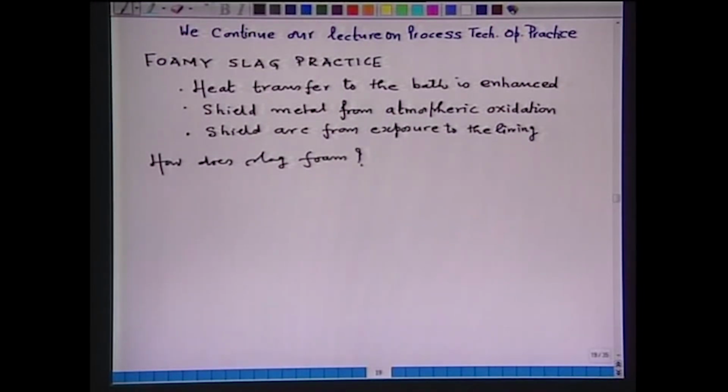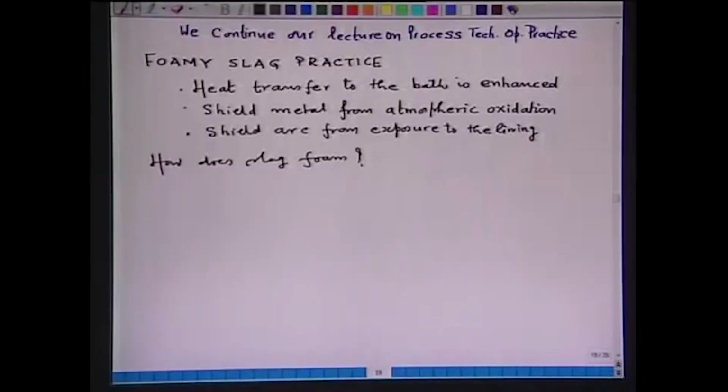For foaming of the slag, as already I have said, a gas forming reaction during the operation of the electric arc furnace should be there. So, the principal gas forming reaction is again the oxidation of carbon. Carbon plus oxygen, it forms carbon monoxide, or carbon plus FeO in the slag, it forms CO plus iron.